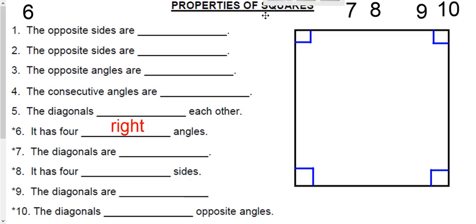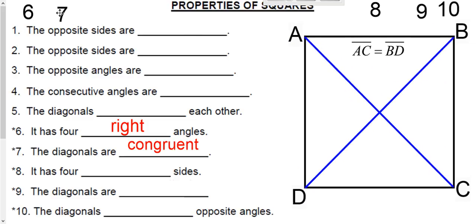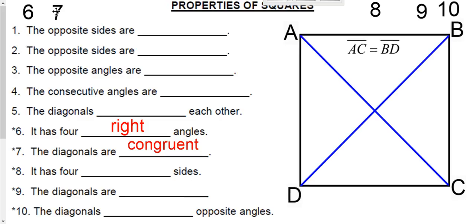Let's see. Congruent. So in this picture, the whole diagonals are congruent. That means, from A to C is the same distance as B to D.